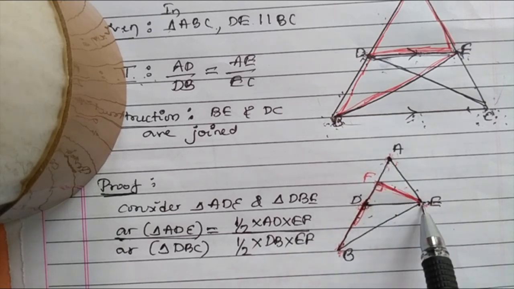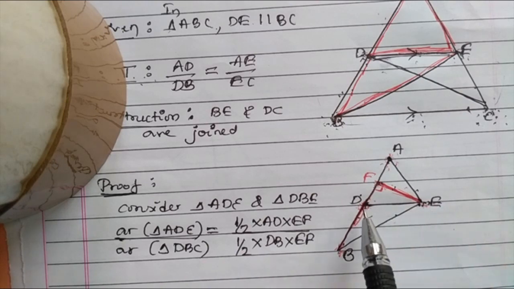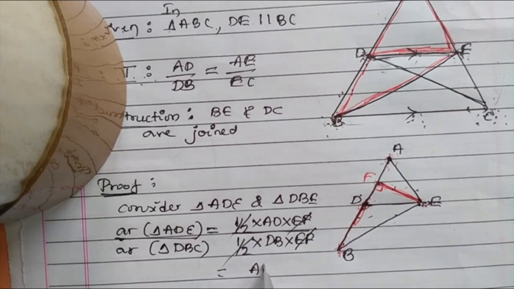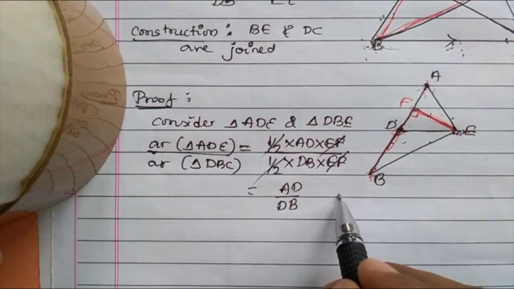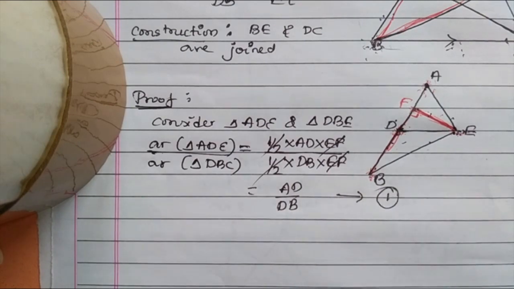For ADE, AD is base and EF is height. For DBE, DB is base, but the height is the same EF. Half and half get cancelled, EF and EF get cancelled. Finally, AD by DB is your result. Mark this as equation 1.